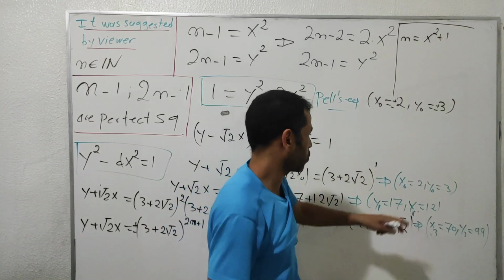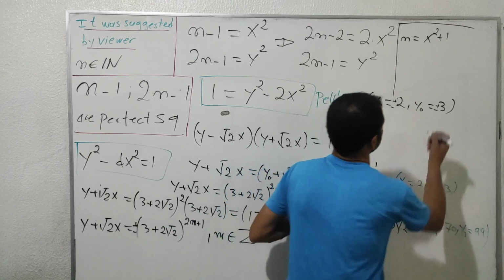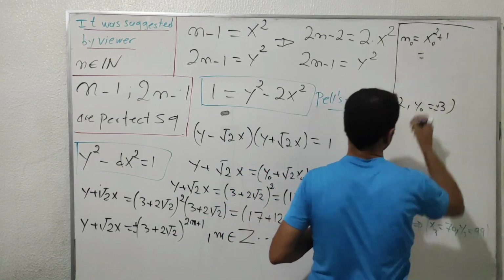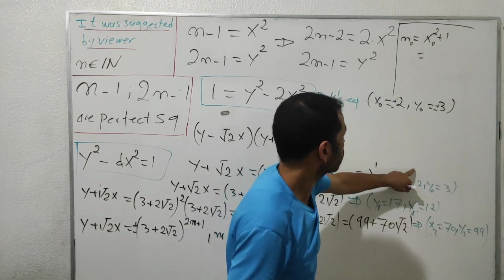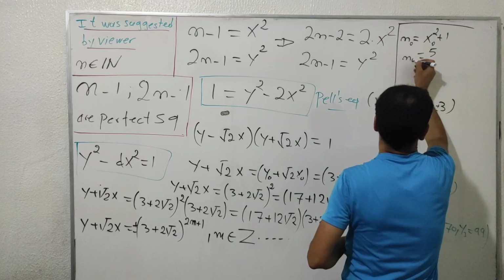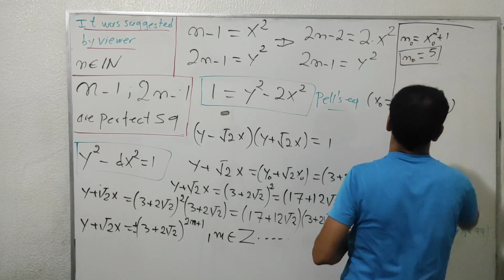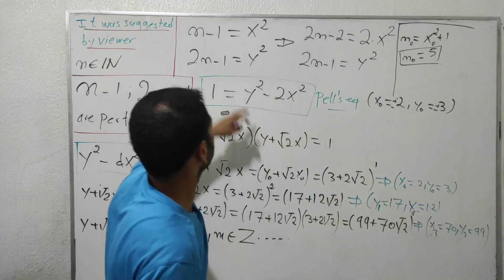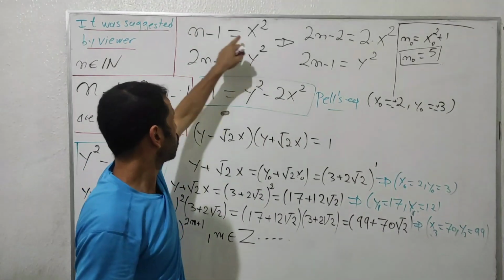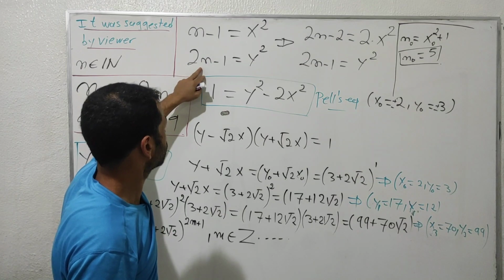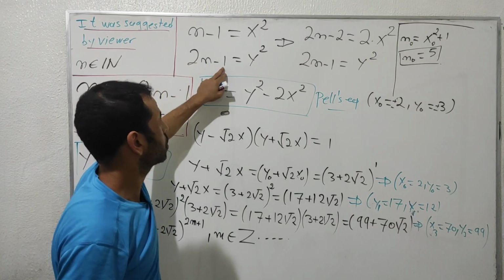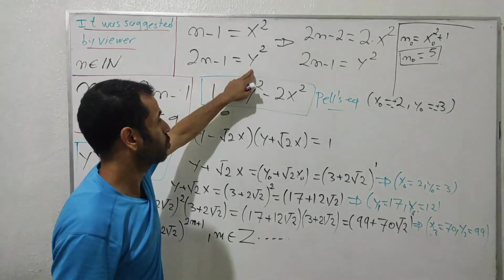For the first solution, you get x0 here, for example, which is 4, so 4 plus 1 is 5. So we found the first solution, n0 equals 5. If you replace 5 here, you get 5 minus 1, which is 4. 4 is a perfect square. Also replacing the same value of n, 2 multiplied by 5 is 10. 10 minus 1 is given as 9. 9 is a perfect square also.